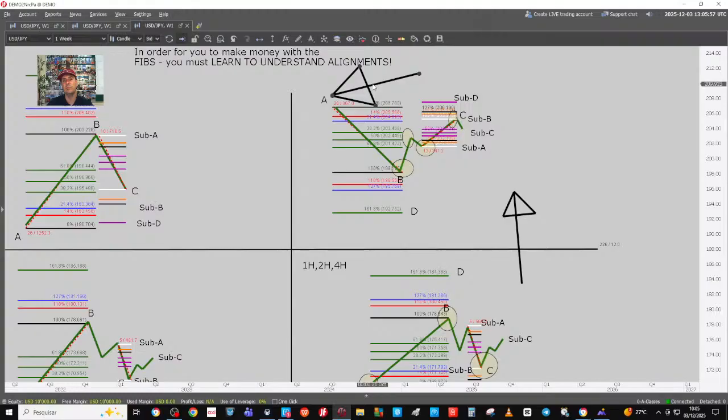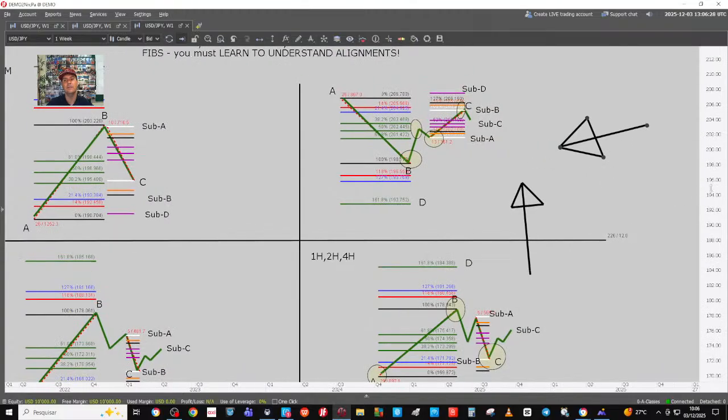The original Fibonacci is down, and the original Fibonacci too, you know, the daily Fibonacci too, it has the sub D above the capital A, meaning on the daily the market found the relevant C, the confirmed C, meaning there is an 80% chance this market is going to fall. Make sense, everybody?